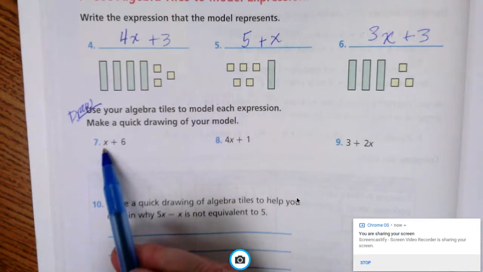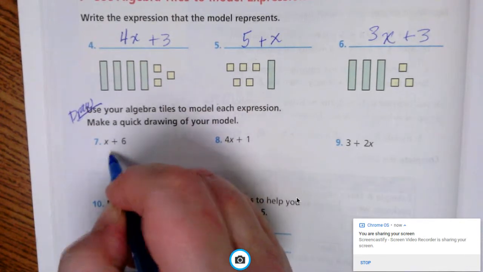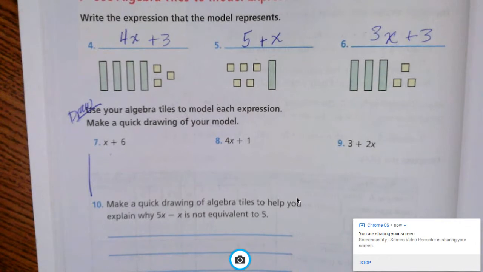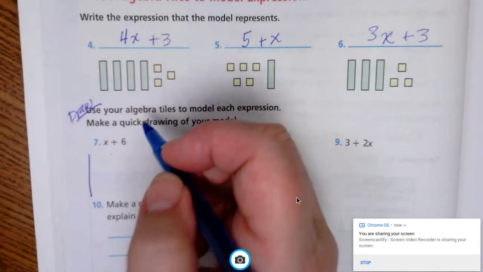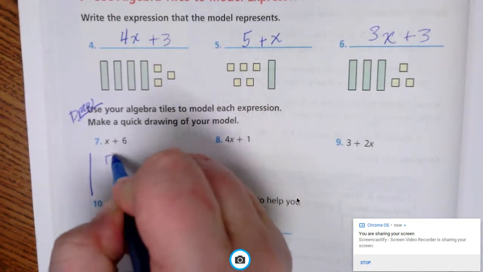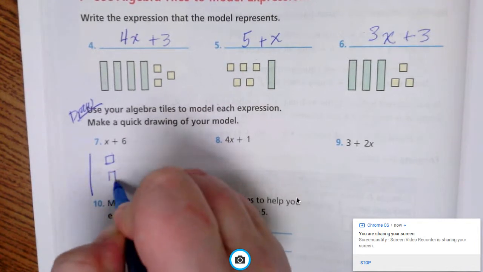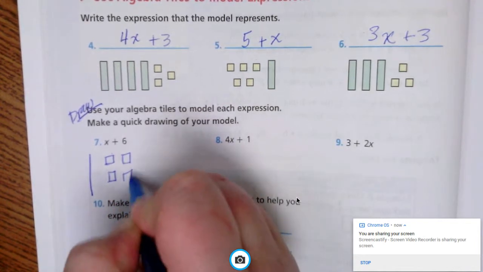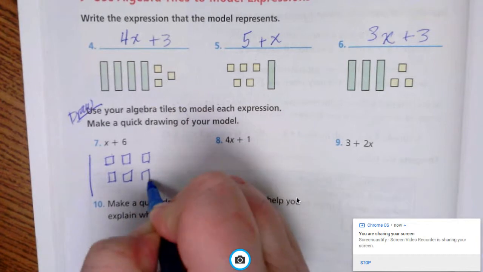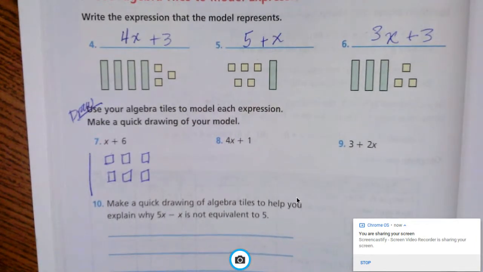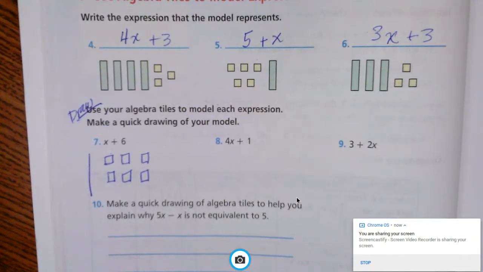So here you have x plus 6, so you can just draw a single line to represent a rectangle tile, and then 6 small square tiles for those 6 singles. So that would be x plus 6.